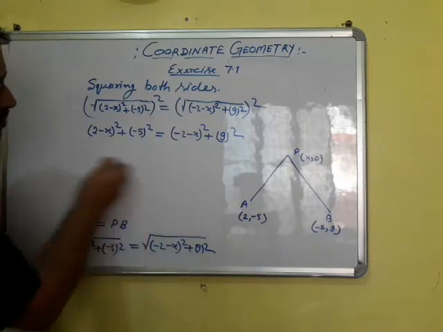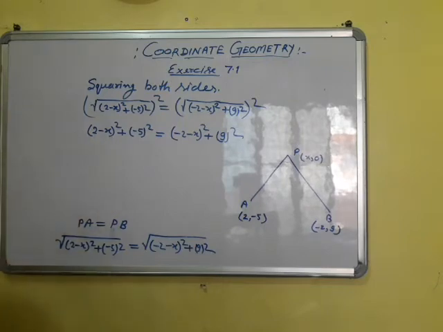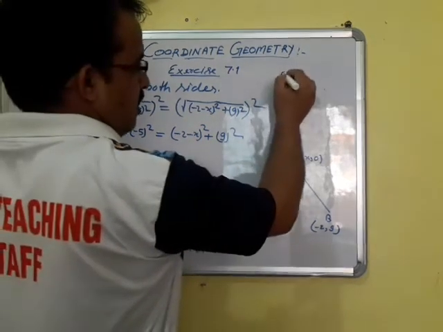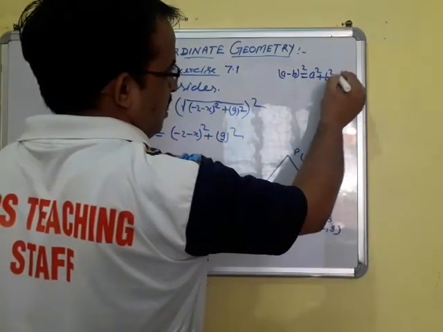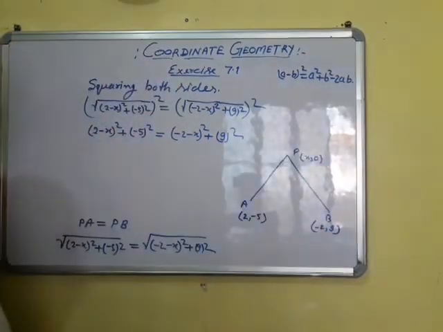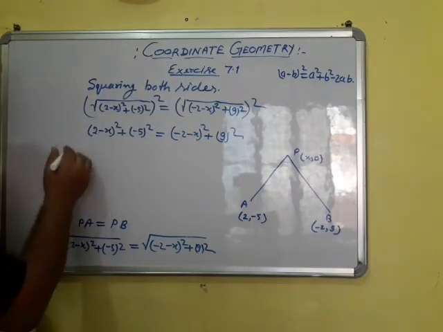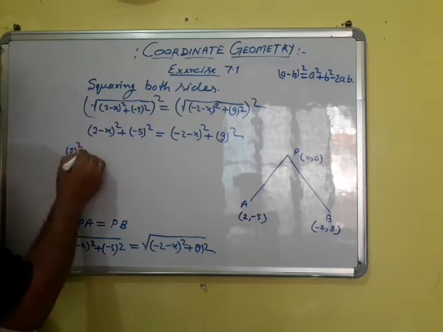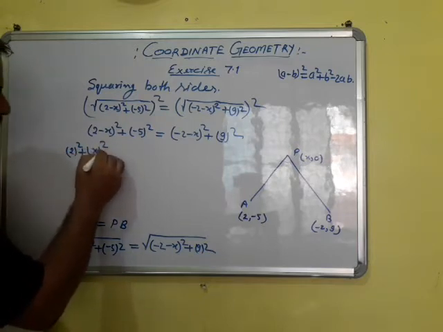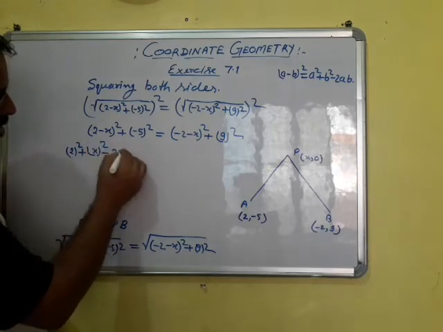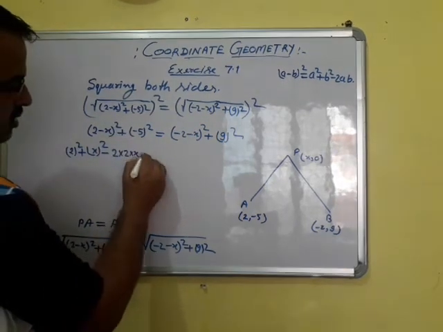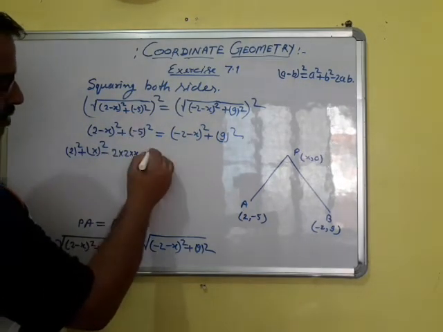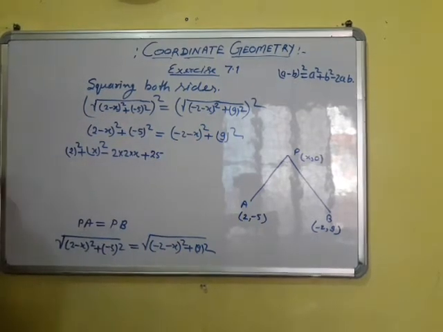Now we use the (a minus b) whole square identity. You know that (a minus b) whole square is a square plus b square minus 2ab. So here 2 whole square plus x whole square minus 2 into 2 into x, and (-5) whole square is 25.